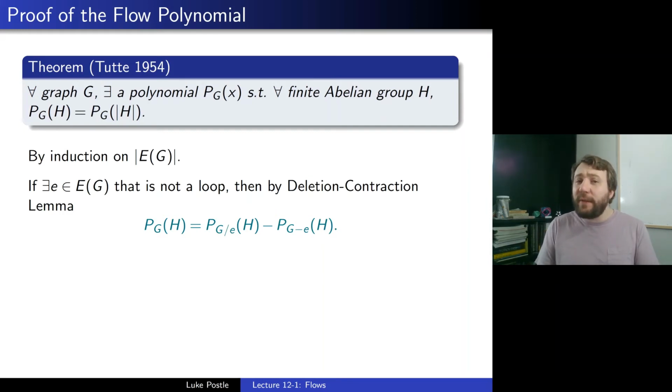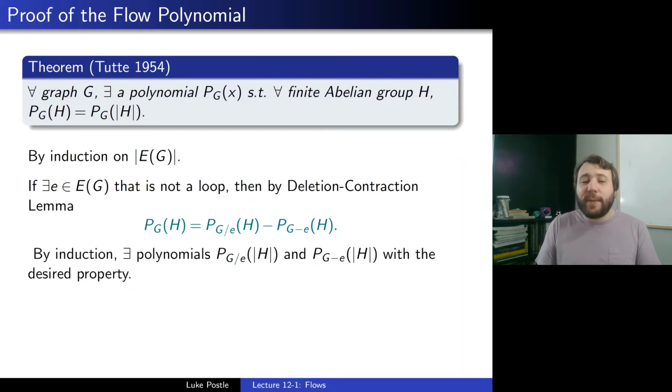Both of those graphs have fewer edges, as one you've deleted and the other you've contracted an edge. So by induction, there exist polynomials P of G contract E of H and P of G minus E of H with the desired property, namely that they are polynomials and that the number of flows is equal to the polynomial evaluated at the size of H. So that's good.